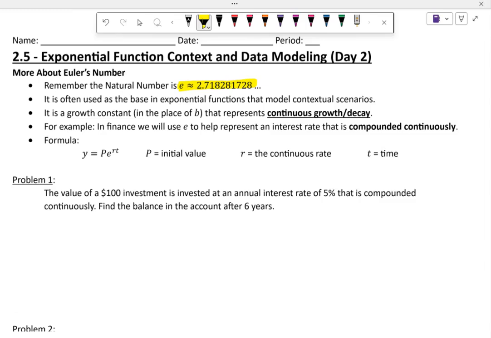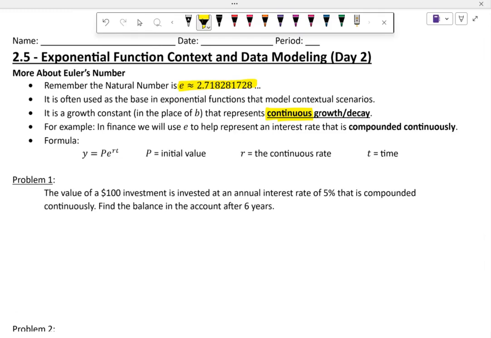It is often used as a base in exponential functions that model contextual scenarios. It is a growth constant, which we use in place of b, that represents continuous growth and decay.